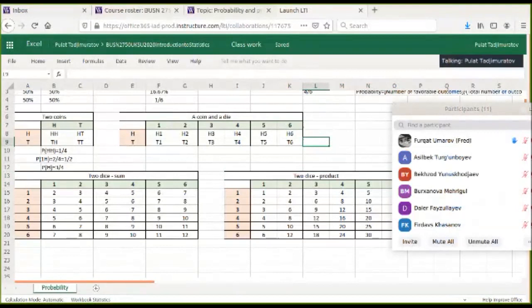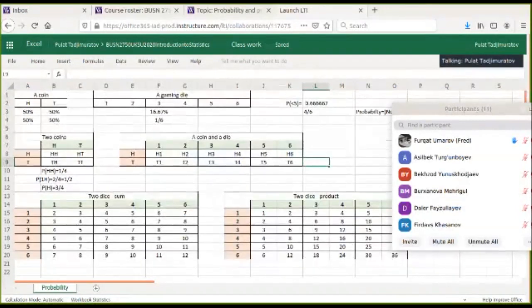So if there are only two possible outcomes, you can't have three favorable outcomes because there are only two, and you can't have more than two, and so on. And consequently, your probability will never be more than 1. So it will always be between 0 and 1, or between 0 and 100% if you talk in percentages.